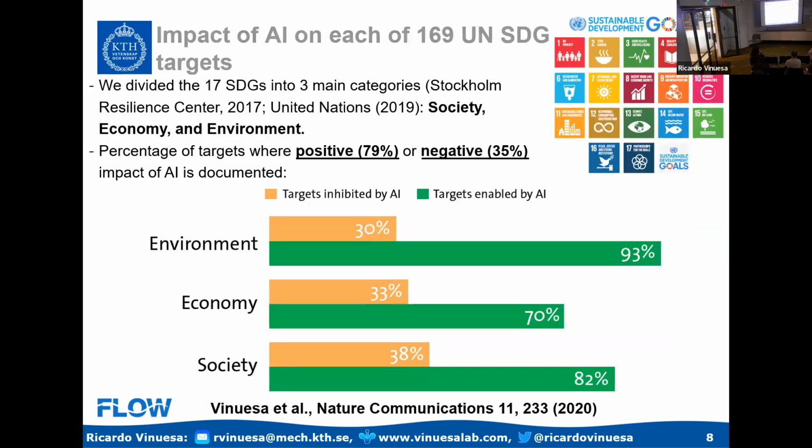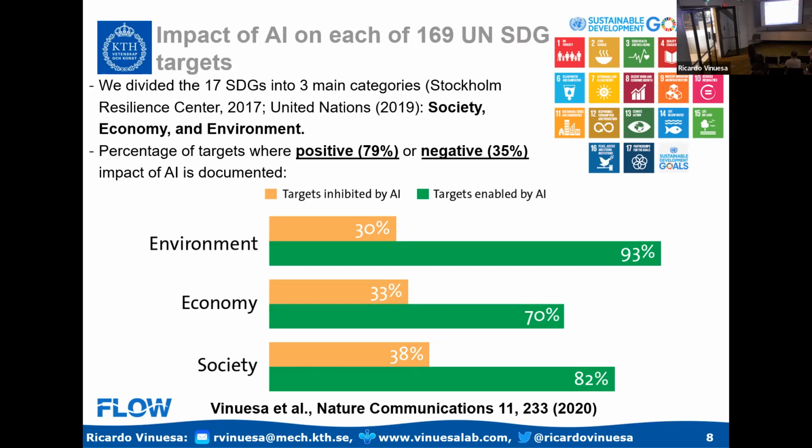Okay, so this is a little bit of general motivation of why machine learning actually helps in other areas. If we just look at the 17 Sustainable Development Goals of the United Nations, we did a systematic assessment of how artificial intelligence can help to achieve, or can help to hinder the achievement of, each of the 17 goals.